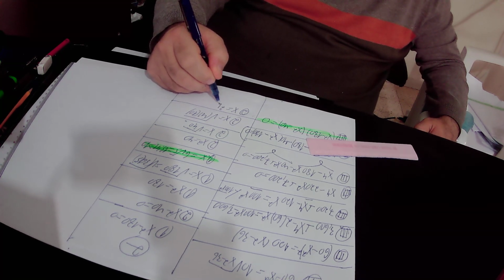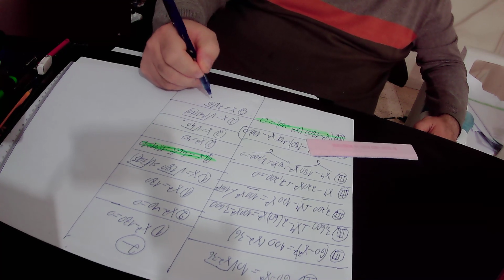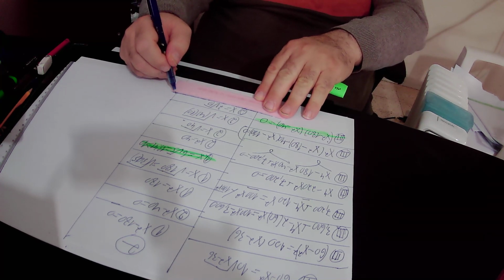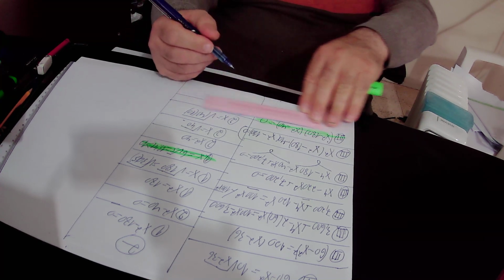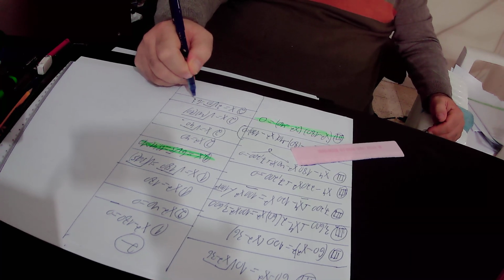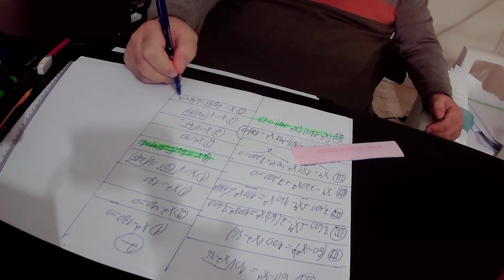So in conclusion, x equals 2 times the square root of 10. Two times the square root of 10 is 6.32. That is less than 10.